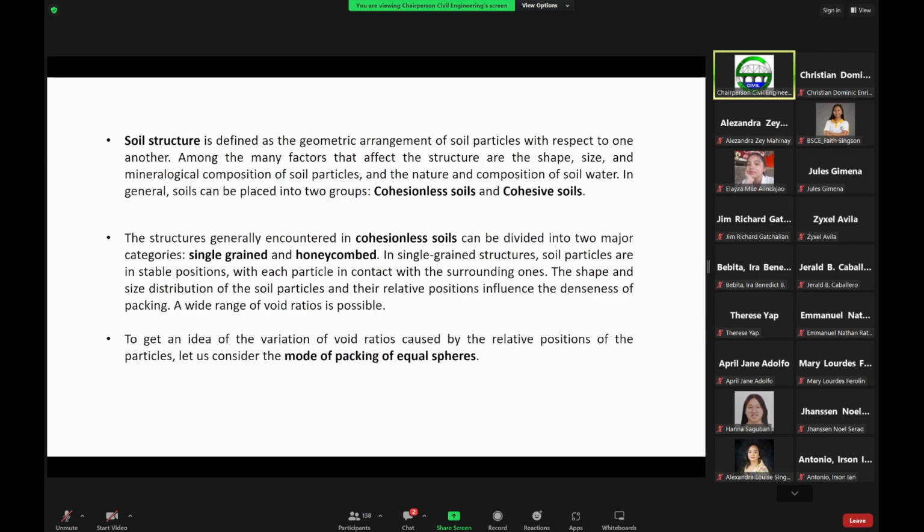This is because of the wide range of void ratios that is possible because of the arrangement of the soil structure. Normally in the field, we determine this relative density using the drilling equipment, based on the SPT N value, the standard penetration test value. You can also determine this in the lab if you like.